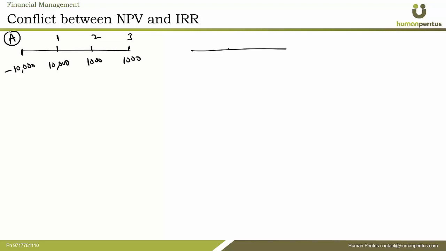So this is my project A. Then I have a project B. In B, I invest 10,000. After year 1 I get 1,000, after year 2 again I get 1,000, and after year 3 what I get is 12,000 rupees. Okay, cool. So these are my two projects.